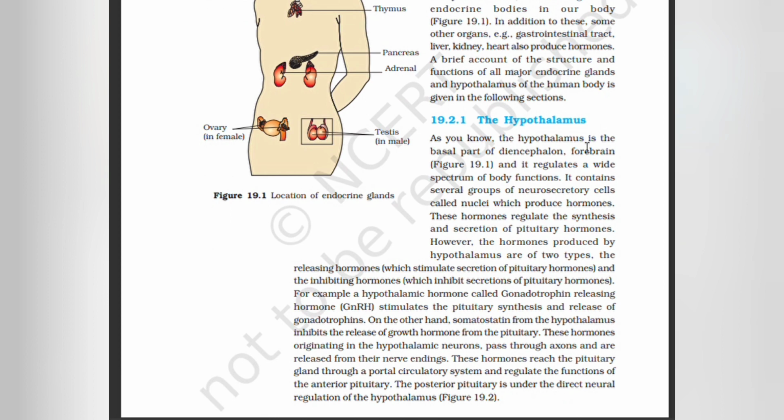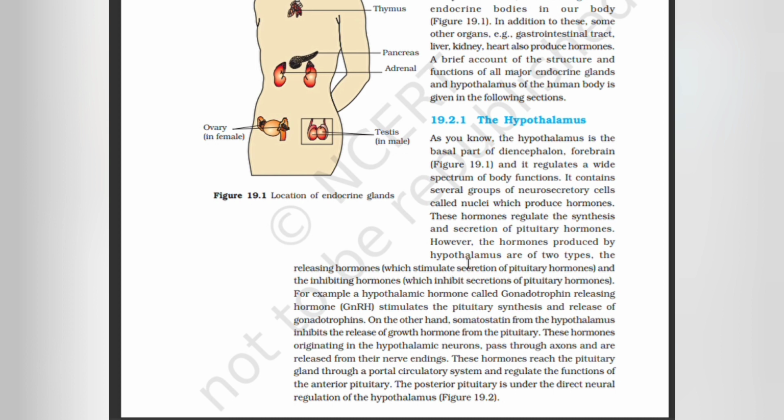Hypothalamus. As you know, the hypothalamus is a basal part of the diencephalon, forebrain, and it regulates a wide spectrum of body functions. It contains several groups of neurosecretory cells called nuclei, which produce hormones. These hormones regulate the synthesis and secretion of pituitary hormones.